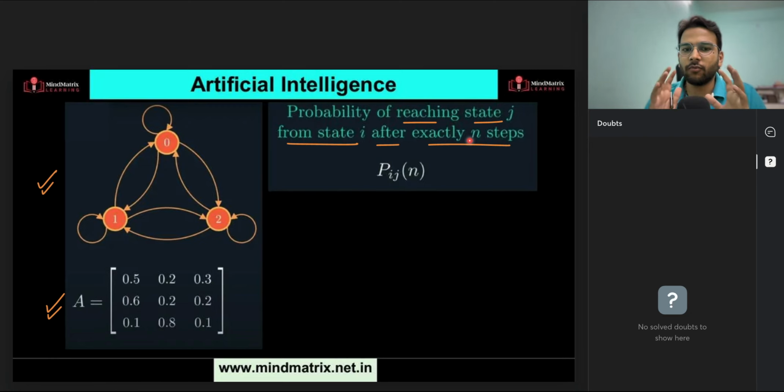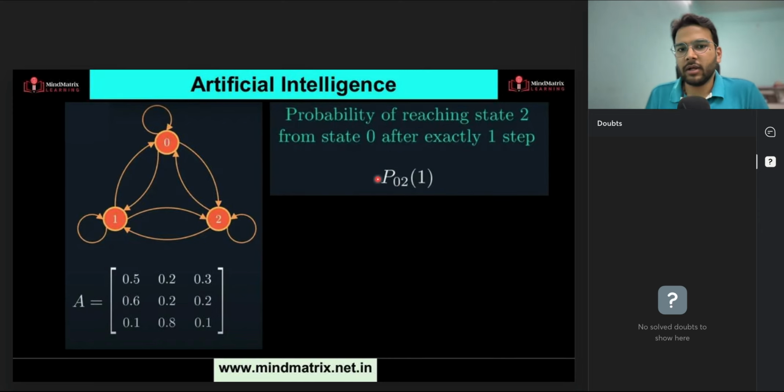So what I'm going to do, we are going to simplify it. We are going to take the base step. So carefully understand this. This is what we want to find, right? From state I to state J in exactly n steps. So let's take the basic step. Let's substitute the values. Now what we want to find is the probability of reaching state 2 from state 0 in exactly one step.